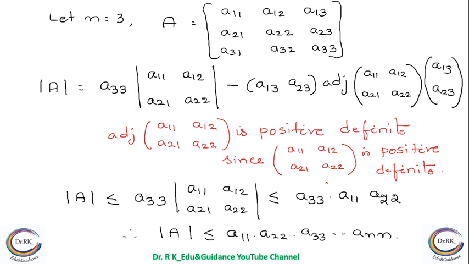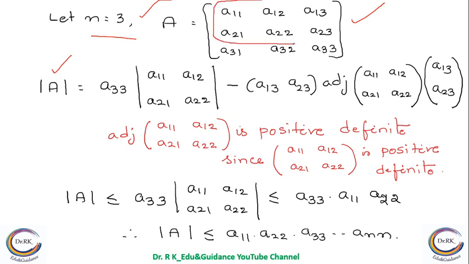Now, if I take a 3 by 3 matrix, we'll quickly wind up this discussion with this problem. This is the case n equal to 3. Now we have to find the determinant of A, which we can do in many ways. But here we already had a result related to this part, A11, A12.